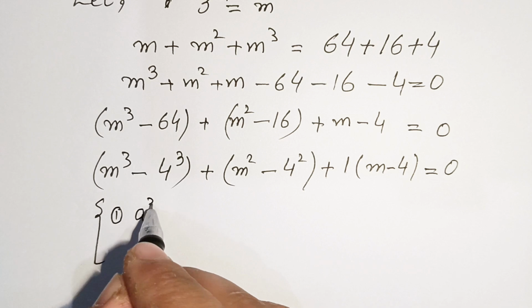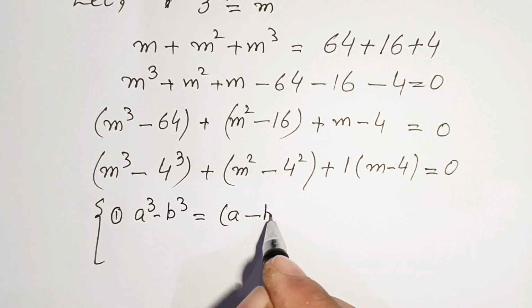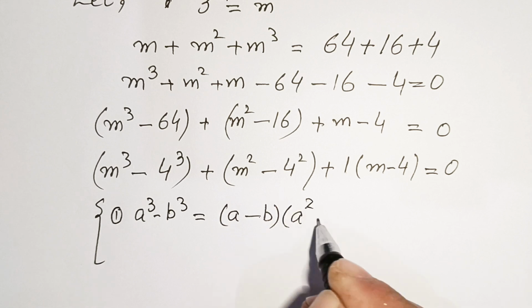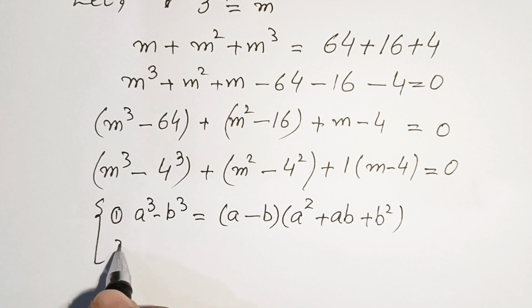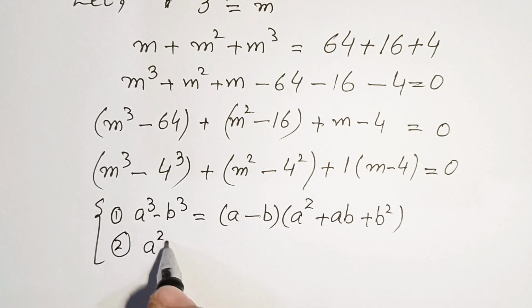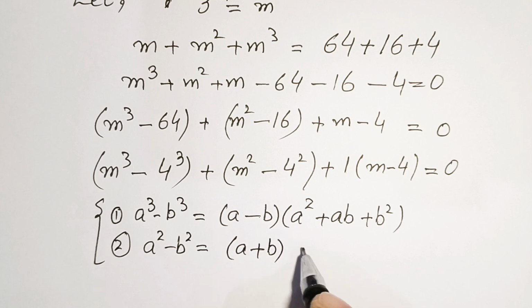Now applying the algebraic formulas: the first is a cubed minus b cubed, which equals a minus b times a squared plus ab plus b squared, and a squared minus b squared equals a plus b times a minus b.